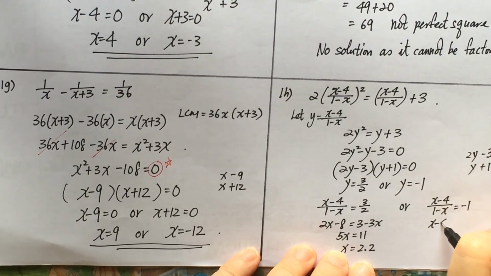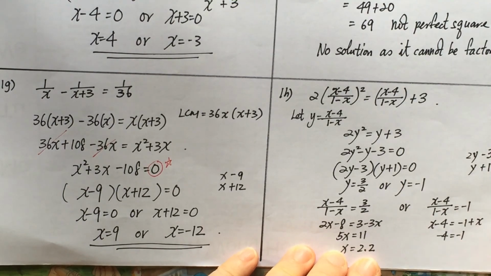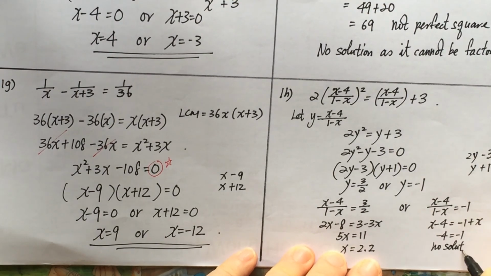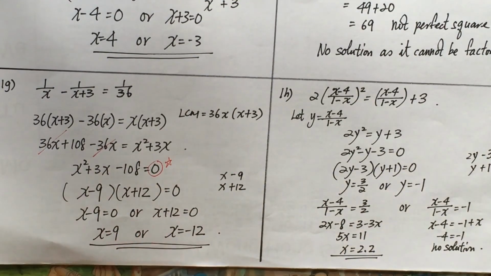So I'm getting x minus 4 equals negative 1 plus x. If I do this, I can see that my x here and the x here cancel out. That means negative 4 equals negative 1, which is not possible. So there is no solution here. So there's only one answer, which is x equals 2.2.